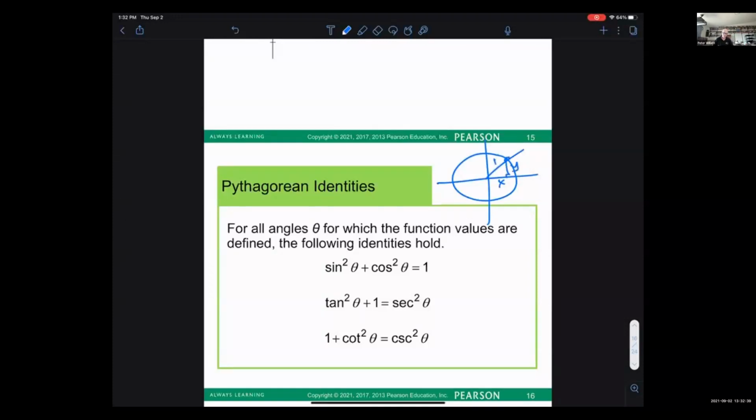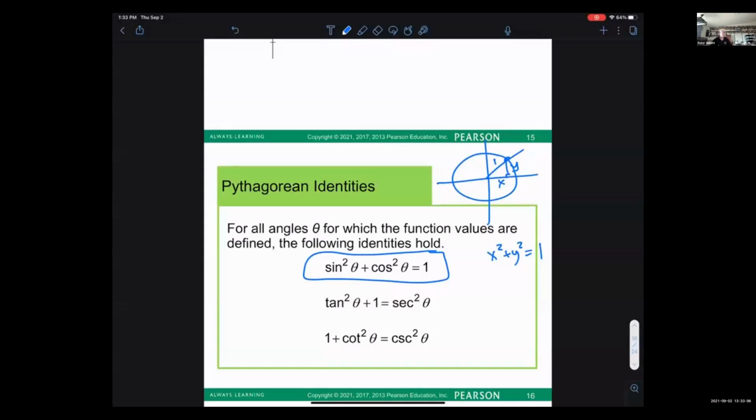So by the Pythagorean theorem, we know that x squared plus y squared equals 1 squared. And the x is the cosine value and the y is the sine value. So that gives us our first Pythagorean identity: if I take the squares of the cosine and sine values and add them up, I get 1. And we're going to use this identity a lot for the whole semester.